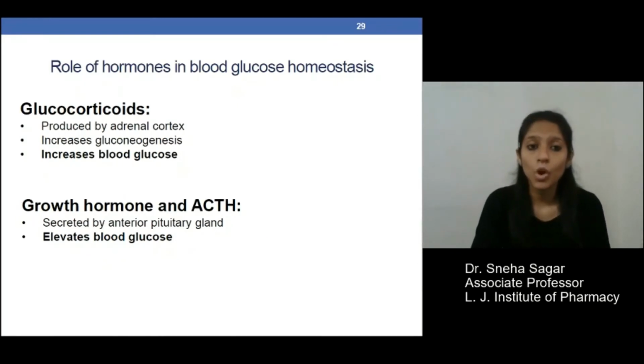Next are the glucocorticoids, produced from the adrenal cortex, which increase blood glucose by increasing gluconeogenesis. Next, we have growth hormone and adrenocorticotropic hormone, that is ACTH, which elevate blood glucose and are secreted by the anterior pituitary gland. So all these hormones except insulin increase the blood glucose level.